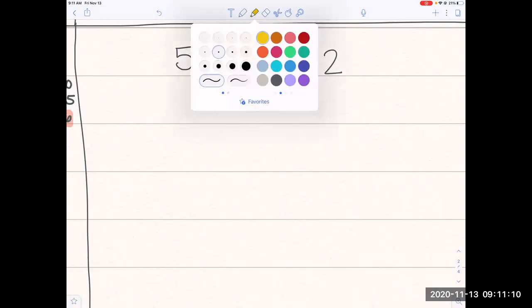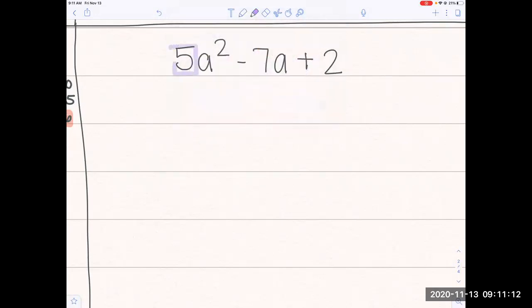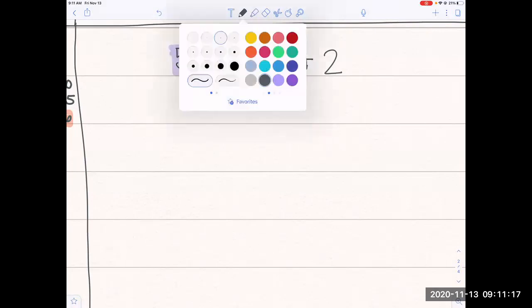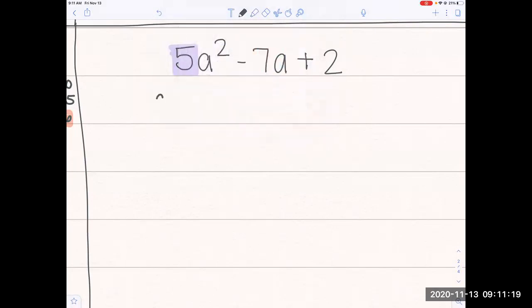And so my first, A, is going to be the number in front of a squared. So A is 5. B is the number in front of a, which is kind of confusing, -7.